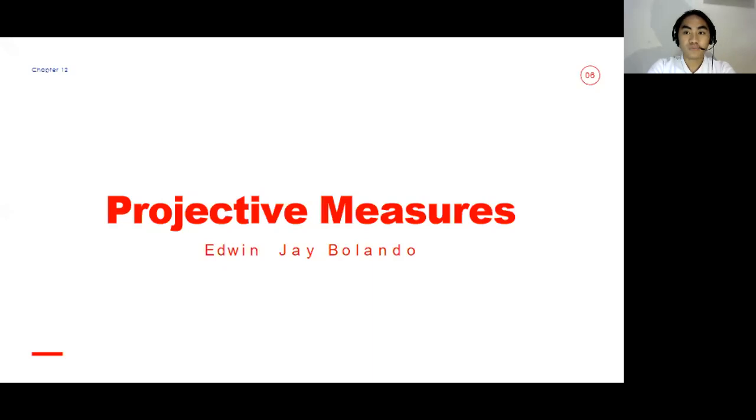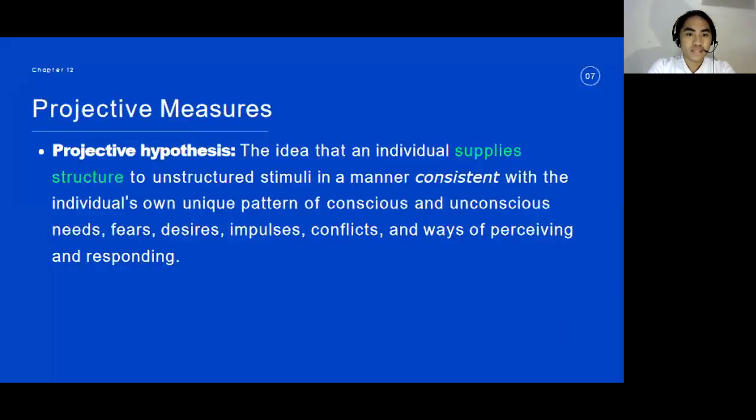Now let's talk about projective measures. The projective hypothesis suggests that an individual supplies structure to some ambiguous stimuli that we present, and they do that in a manner that's consistent with their own unique personality, their conscious and unconscious needs, fears, desires, impulses, conflicts, and ways of perceiving and responding.